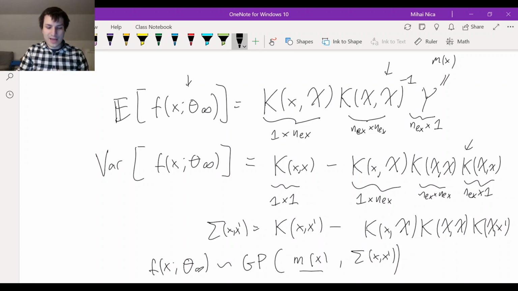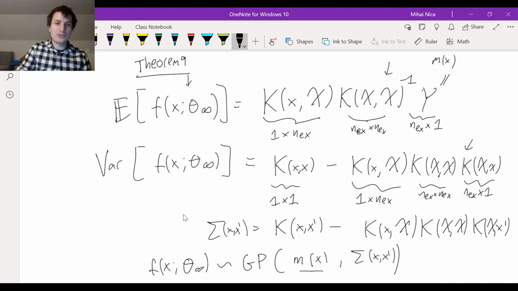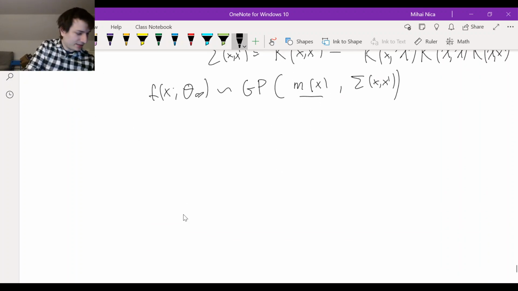So how do we know that? Why is this true? And actually, we've done almost all the work already, so this is not a surprising result. This is Theorem 9 in the notes. Theorem 9 just combines Proposition 7 and Theorem 6.